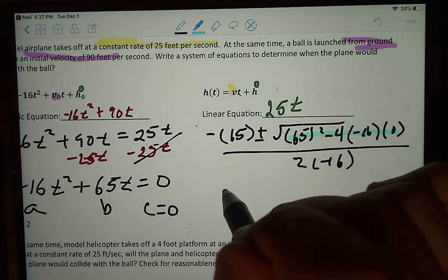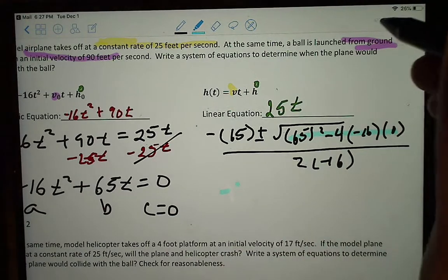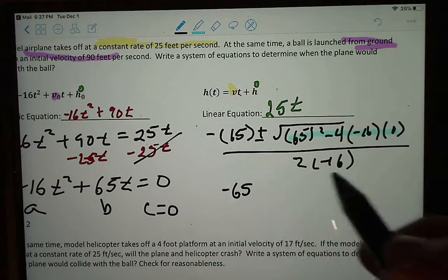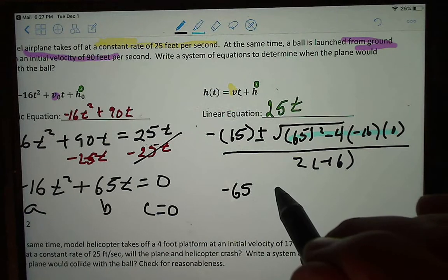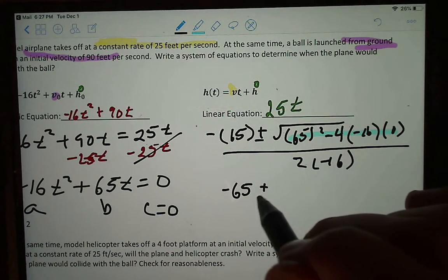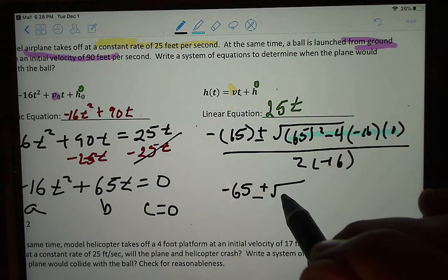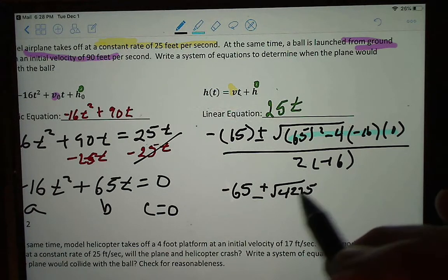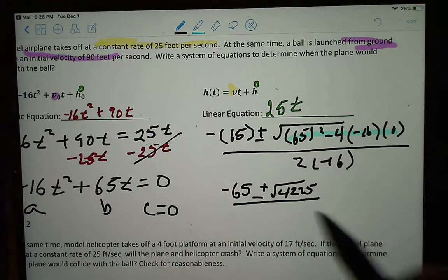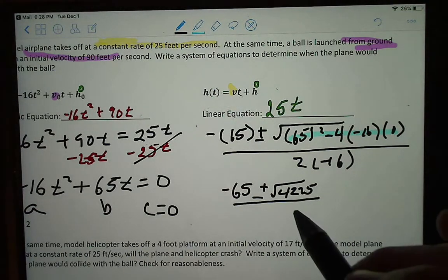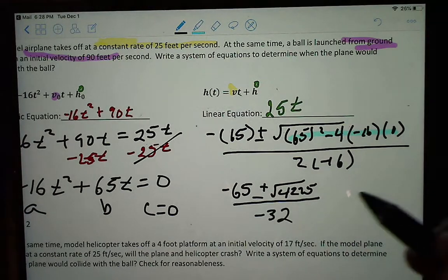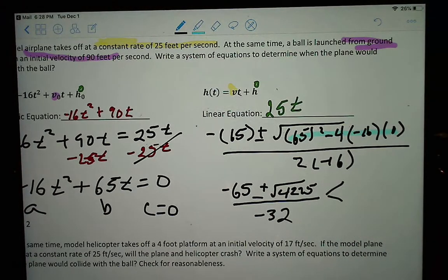So then I end up with negative 65 plus or minus the square root of 4225, which in this case is going to actually be 65 again. So it actually works out nicely. Divided by negative 32. I know I'm going to get two different answers on this.